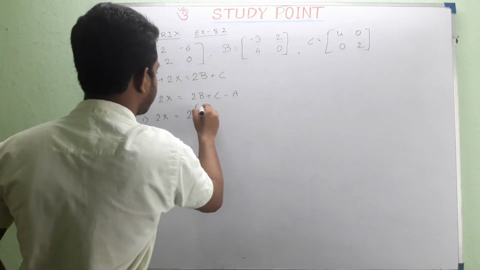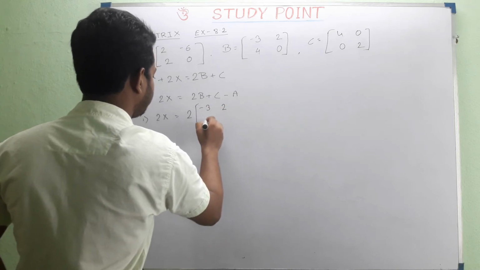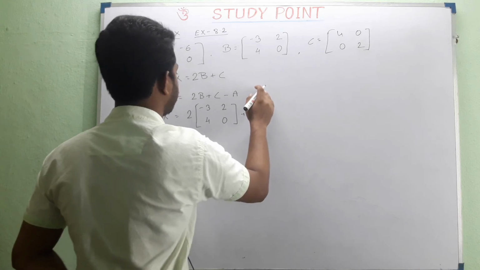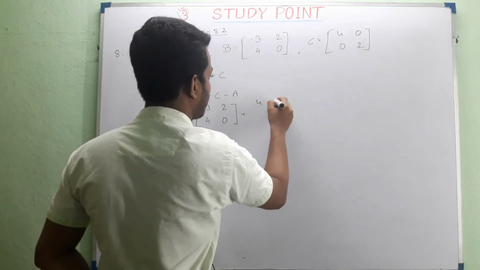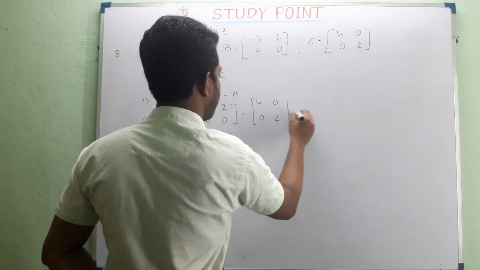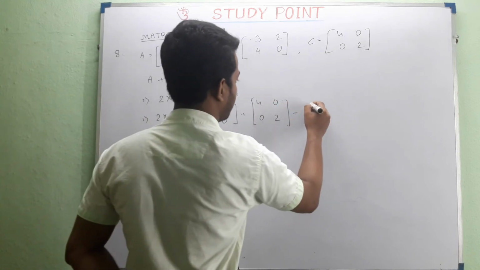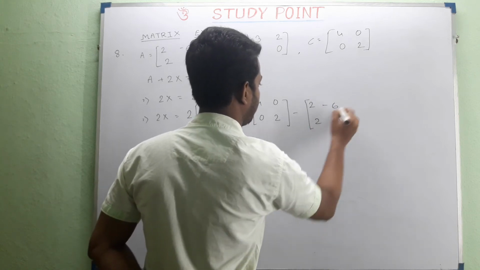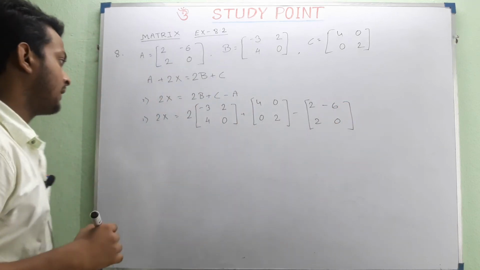See, B is minus 3, 2, 4, 0. Here the C matrix is 4, 0, 0, 2. And minus A matrix, A is 2, minus 6, 2, 0. Okay.